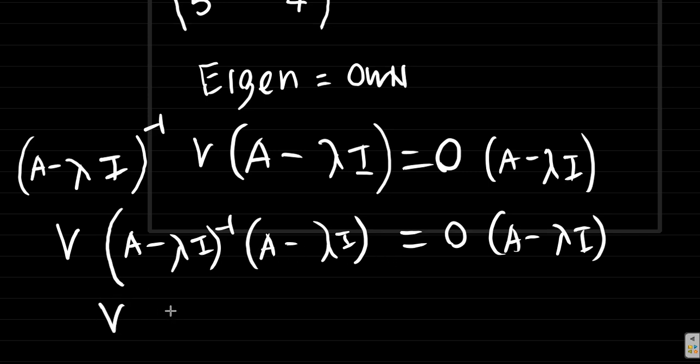So V times the unit matrix is equal to 0.